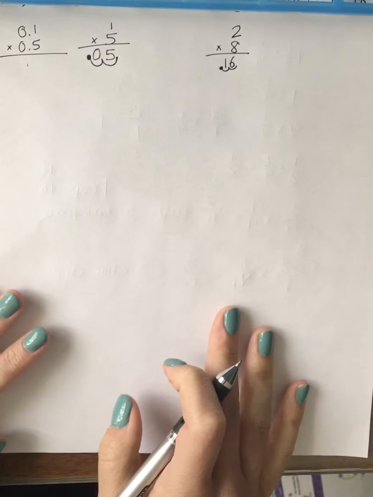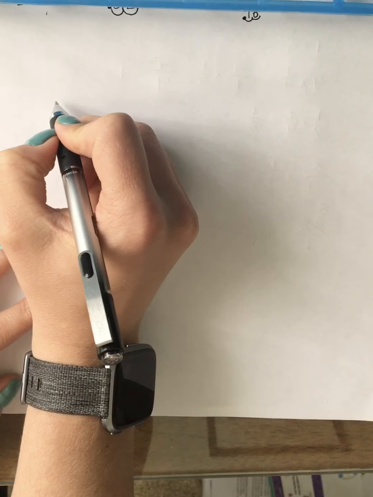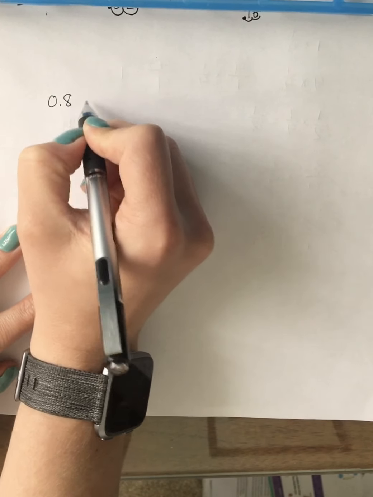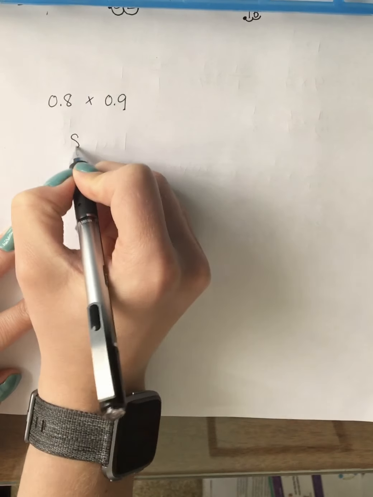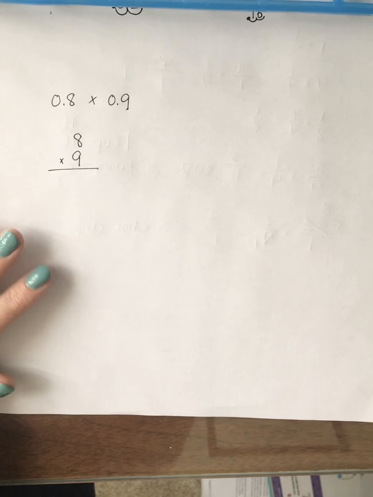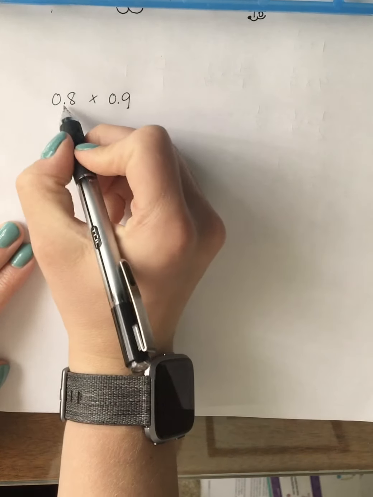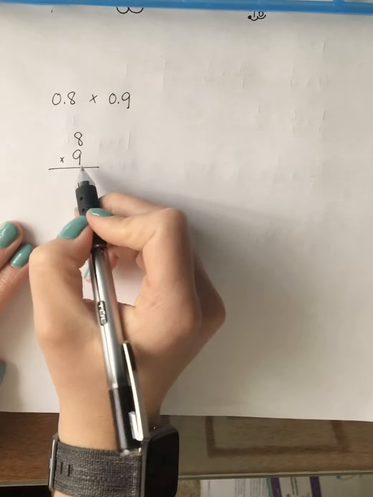Okay, one more problem using the tenths, and then I'm going to add in a more complicated problem. So we are going to multiply together 8/10 times 9/10. Just like we've done before, we turn it into a normal multiplication problem by taking out those decimals. It's like we move the decimal point over one spot for each number. And we get 8 times 9.